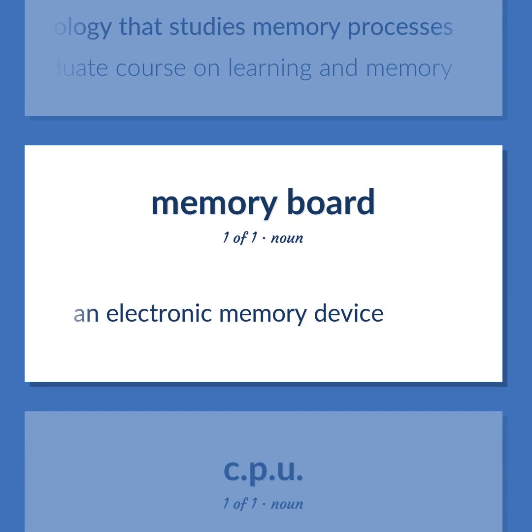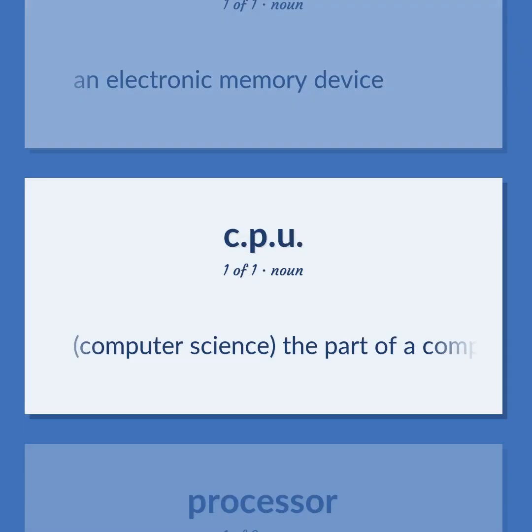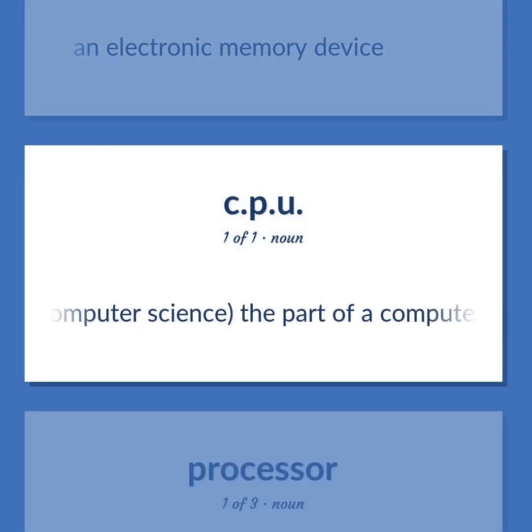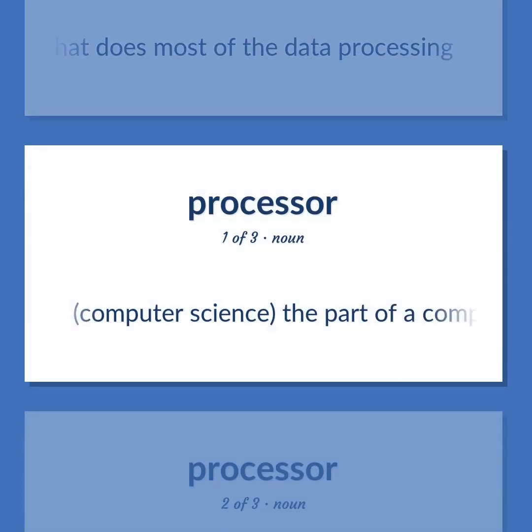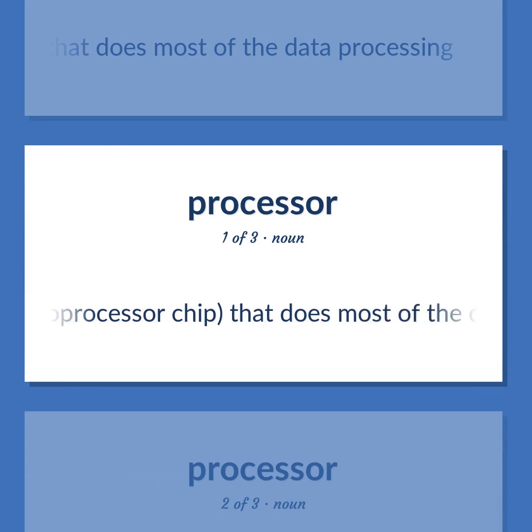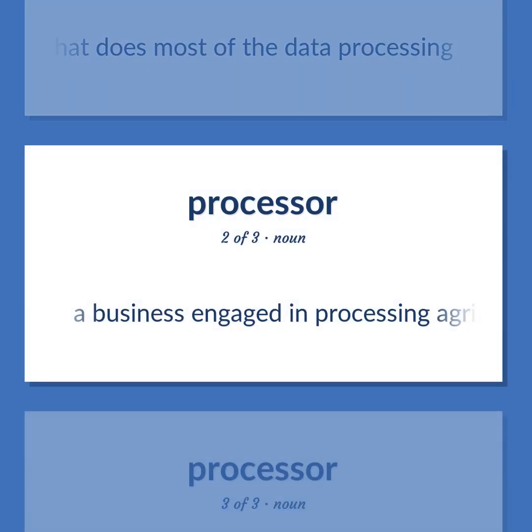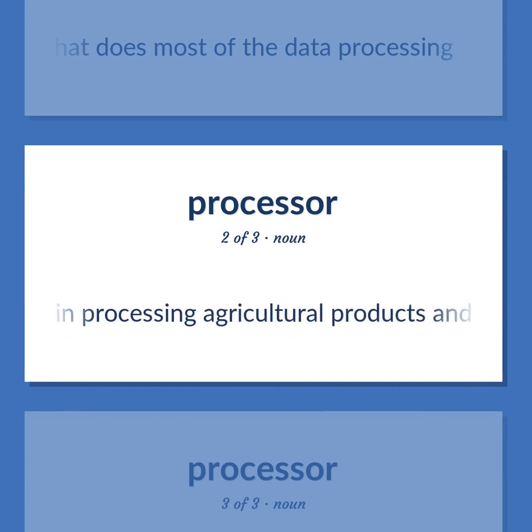An electronic memory device. Computer science, the part of a computer, a microprocessor chip, that does most of the data processing. A business engaged in processing agricultural products and preparing them for market.